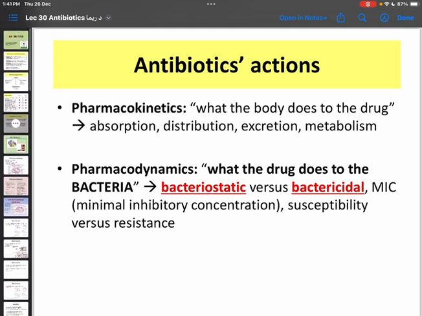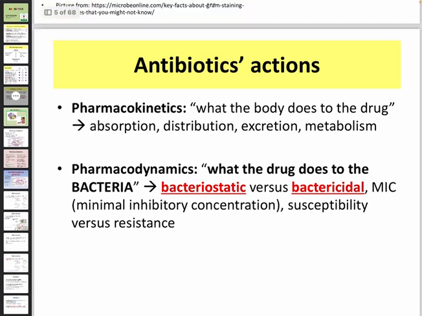Bactericidal should kill the bacteria. MIC means minimal inhibitory concentration, which is the lowest concentration of the drug required to inhibit visible growth of the bacteria in vitro. So you have to visibly observe for bacterial growth inhibition in vitro.